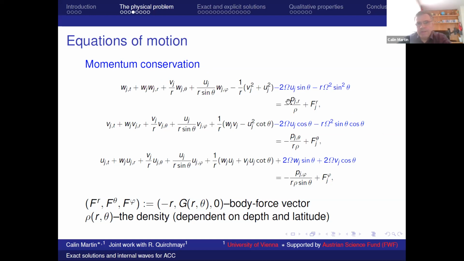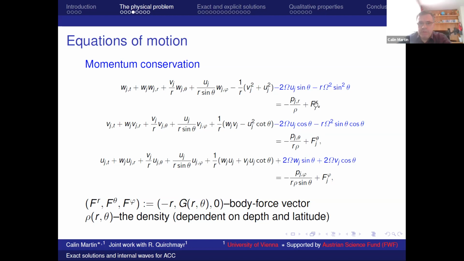On the right-hand side, we have the pressure gradient. P denotes the pressure, and these are derivatives with respect to the vertical variable, the longitude variable, and the azimuthal variable.